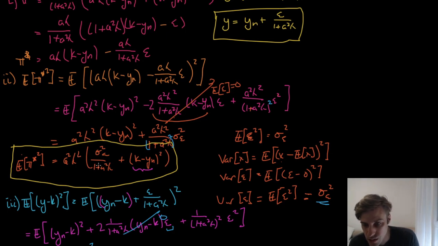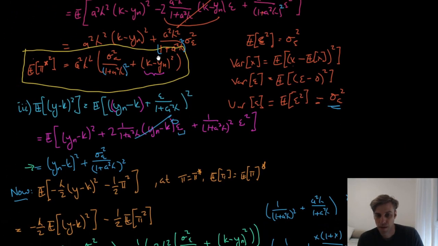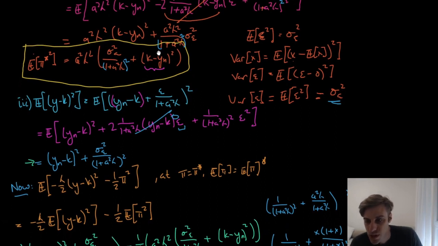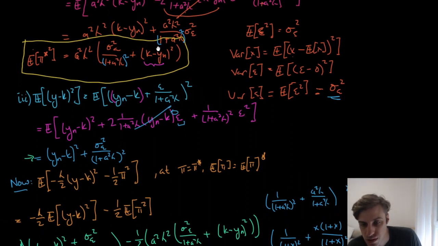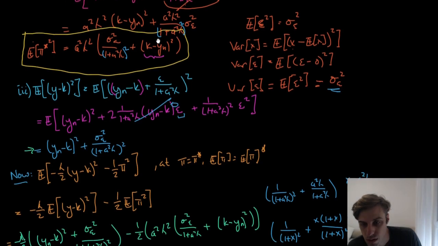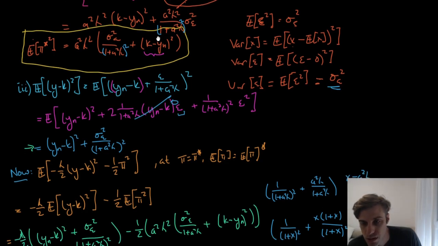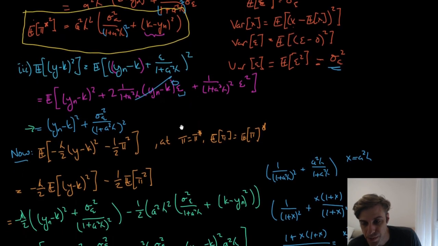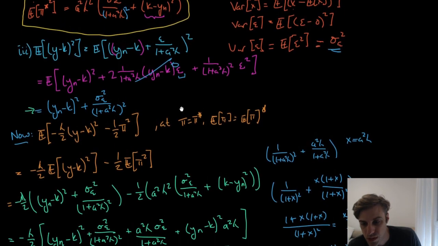And then there's a square here for the expected pi. Does that have ramifications for the expected y minus k? I don't think so. No, because there's no expected pi in here. We already simplified that away. Yeah, this is all good.